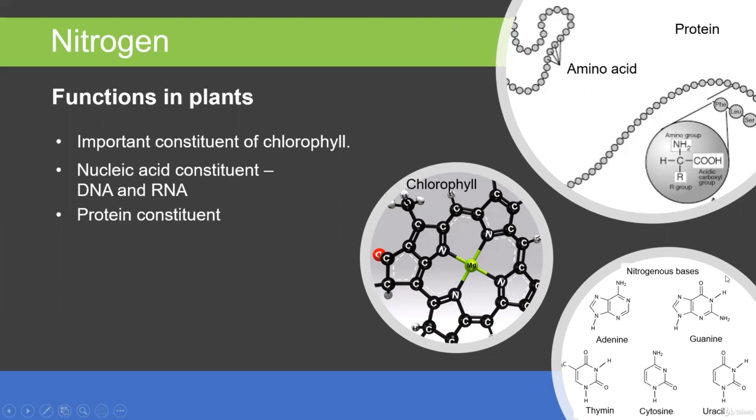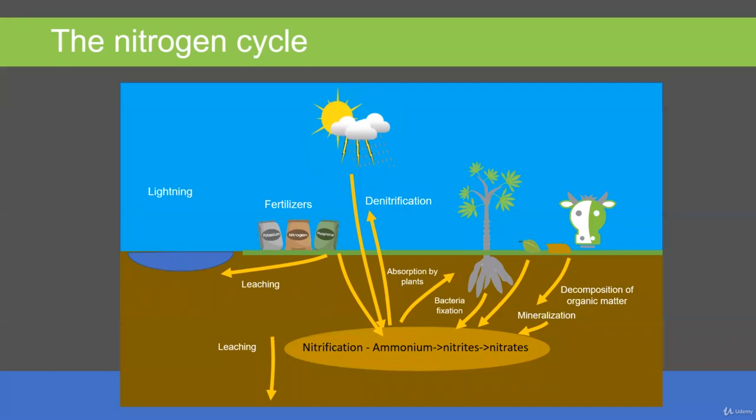In the DNA and RNA, it's part of the nitrogenous bases: adenine, guanine, uracil, cytosine, thymine. They all have nitrogen in their molecular structure. So nitrogen affects crop yield as well as the protein content.